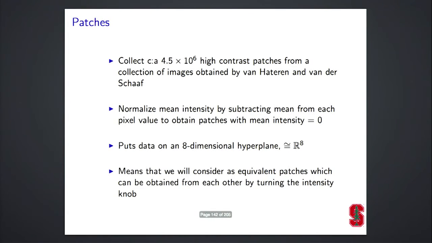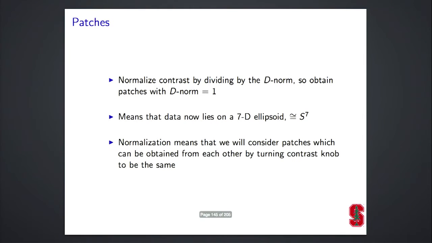Let me move through this rather quickly and say that we did the following. Our take on that data set was to try to understand that data set of 3x3 high contrast patches. The naive thing would be, well, maybe we just compute persistent homology of that.